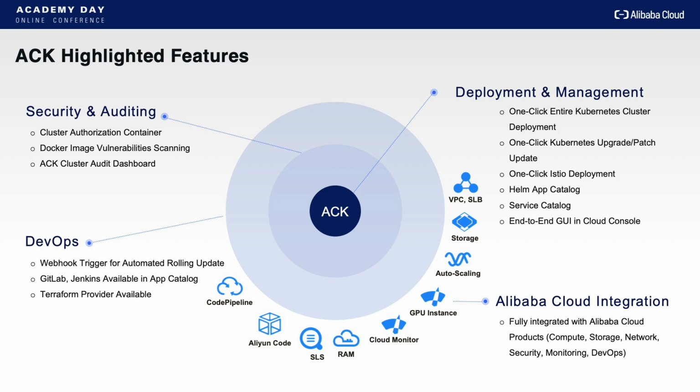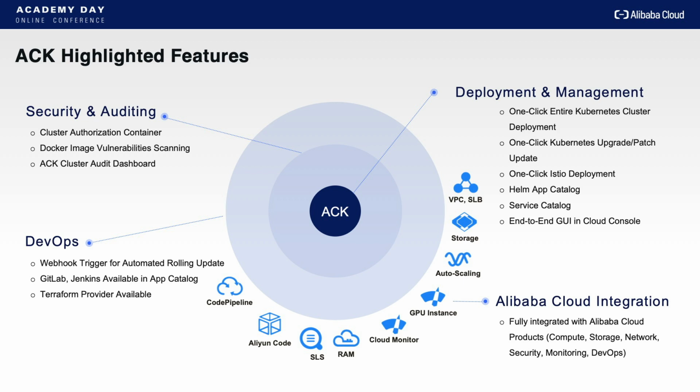About Alibaba Cloud products integration, ACK is highly integrated with other Alibaba Cloud services such as Resource Access Management to control access, Key Management Service to encrypt your data, Log Service and Cloud Monitor to do your cluster or your service monitoring.